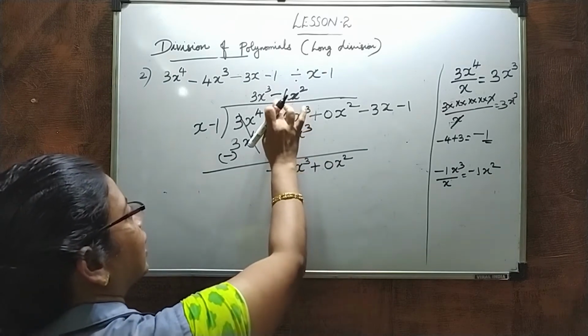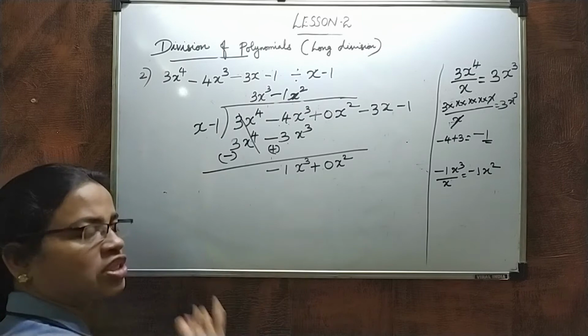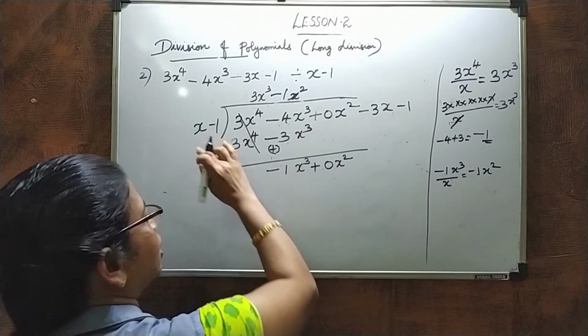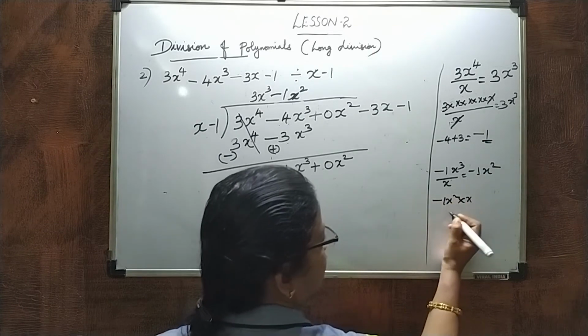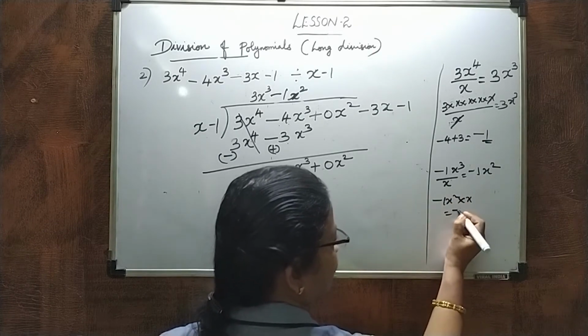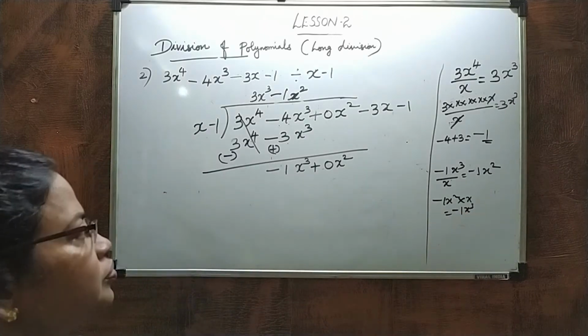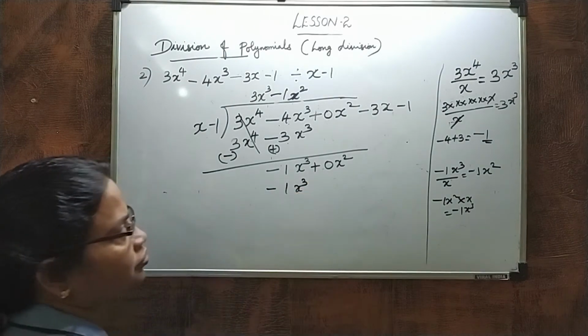Negative 1x square into x: negative 1 into 1, negative 1, x square into x, it will be x cube. Here it is negative 1 x cube.